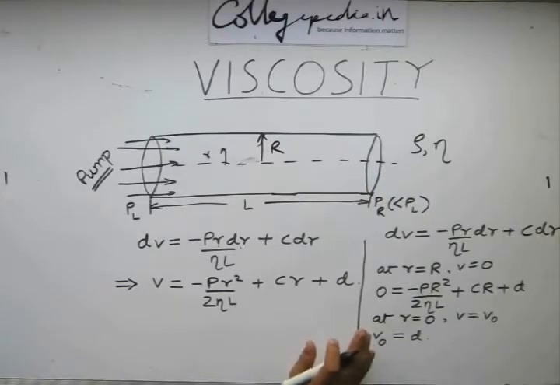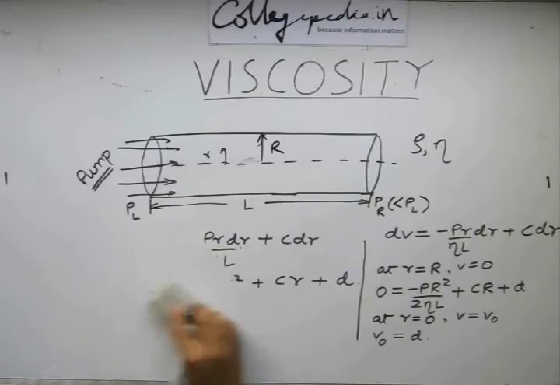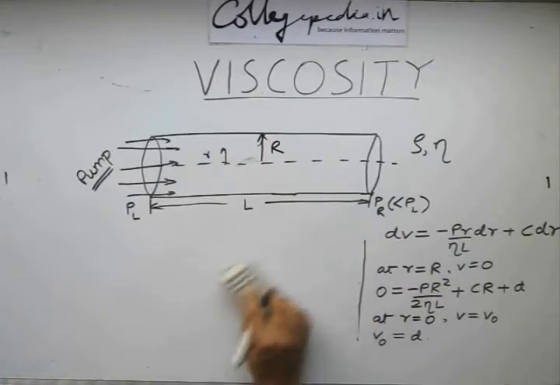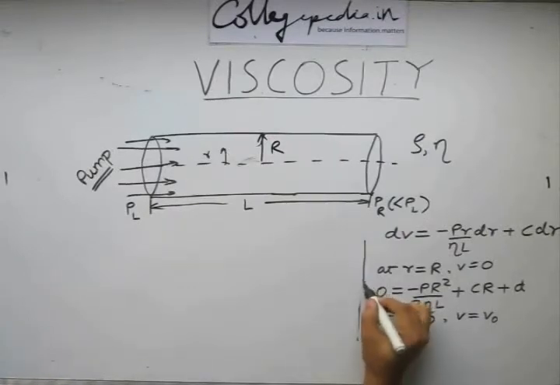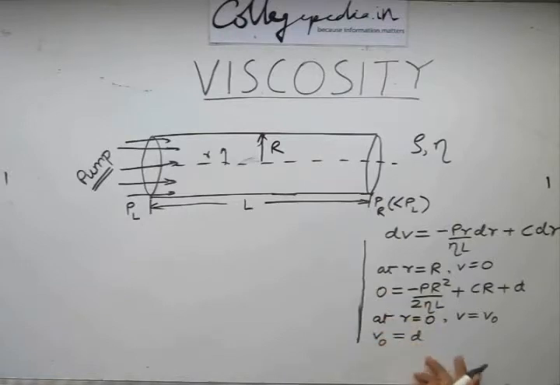Now what we do is simplify these equations, whatever we got. These are what we have got from solving the equations.